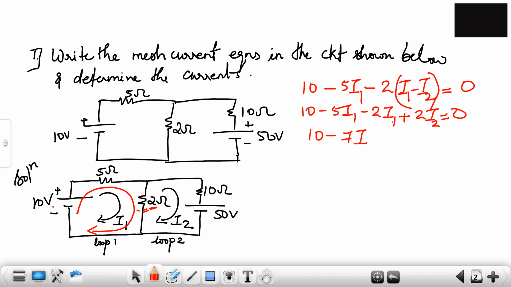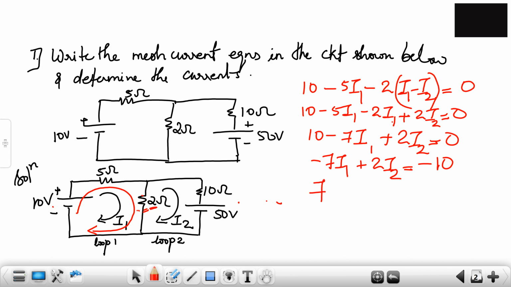So it will be 10 minus 7 I1 plus 2 I2 is equal to 0. 10 volts I'm taking on the other side, so it will be minus 10. I'm changing the sign, so it will be 7 I1 minus 2 I2 is equal to 10. That is your first equation.